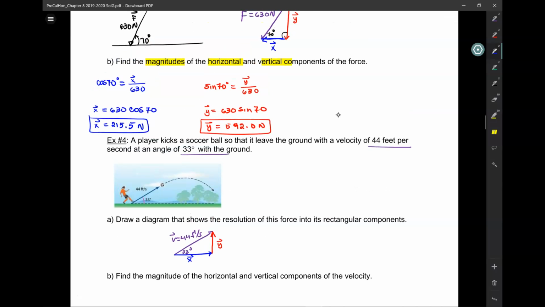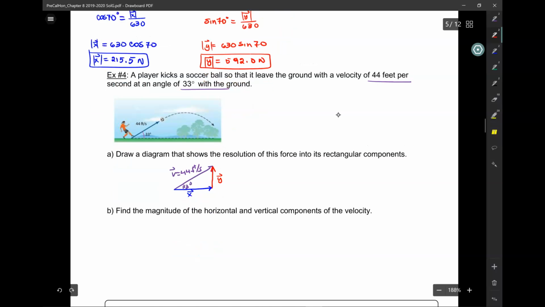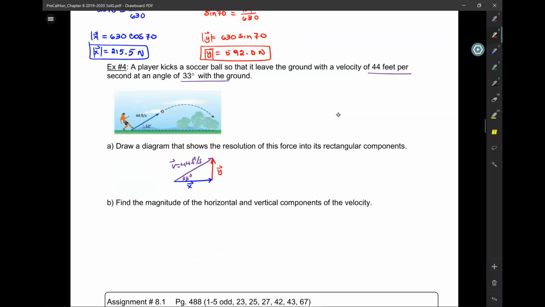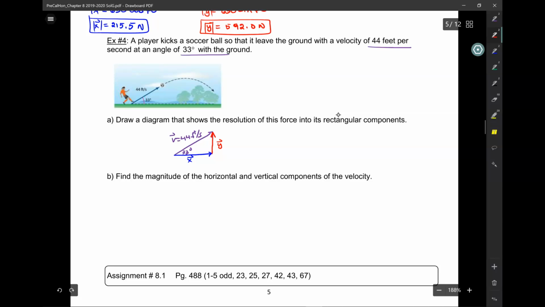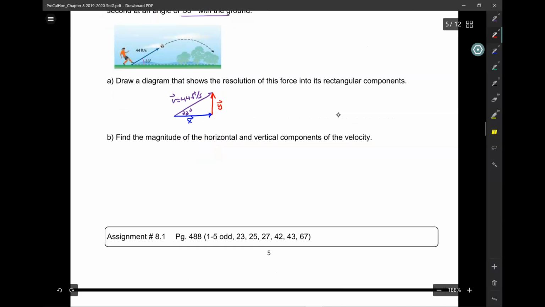Because we're looking for the magnitude, these should all have magnitude symbols, because otherwise it's extremely wrong. So that's the x vector, that's the y vector. No arrows, no absolute value needed on the diagram. But in my work, because I'm looking for magnitude, I need to have the absolute value symbol, the bars.